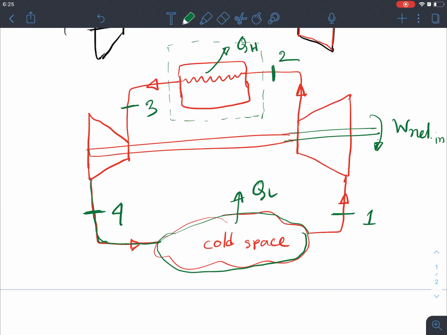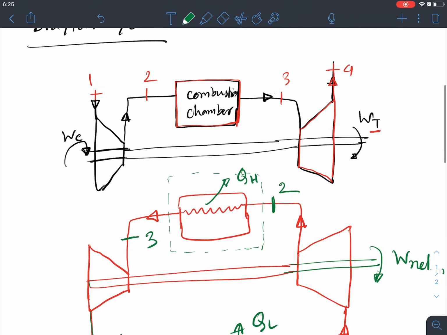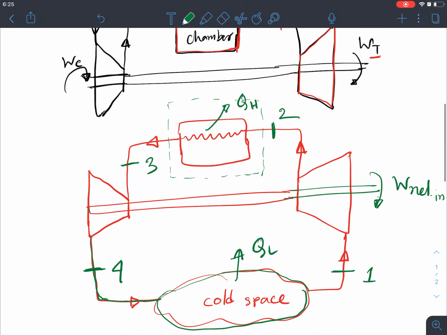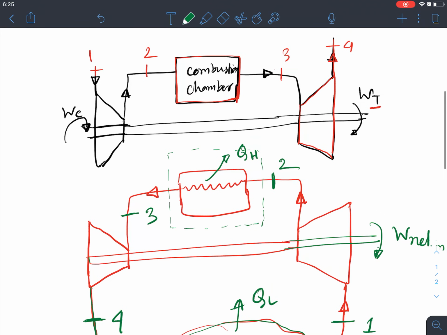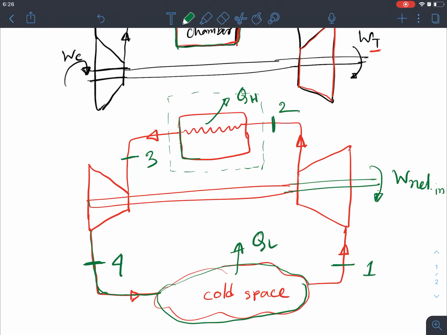So it is very similar to the Brayton cycle, however it is a reverse type, right? So basically you can see that in this configuration, instead of a combustion chamber we are using a heat exchanger where it's rejecting the heat. However, in the combustion chamber heat addition is happening, while in the heat exchanger heat rejection is happening.